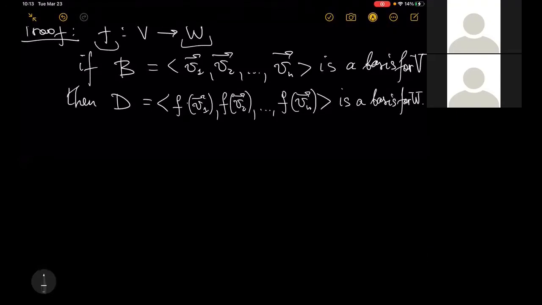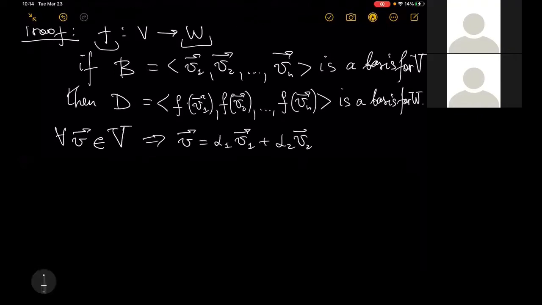Okay, so let us do this. Let us consider any vector V belonging to the vector space V capital. Then V can be represented as alpha 1 V1, plus alpha 2 V2, plus alpha n Vn.